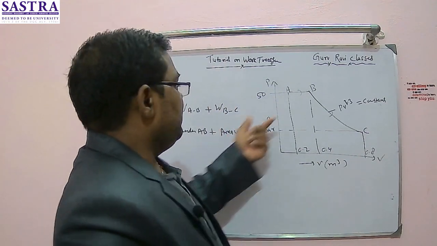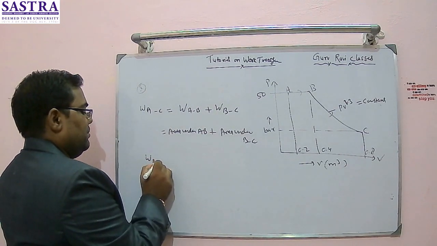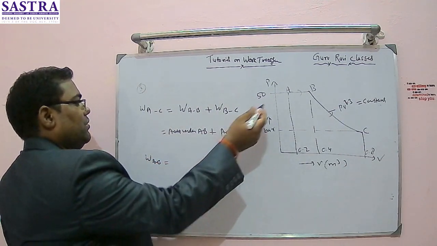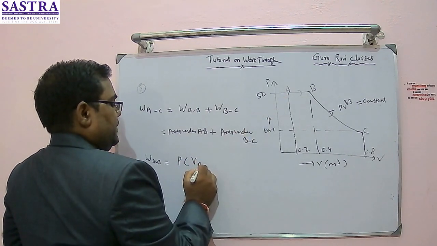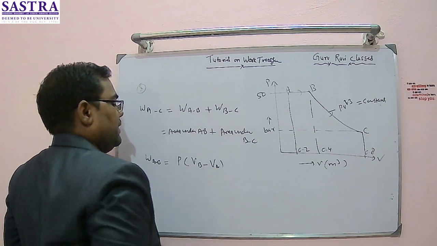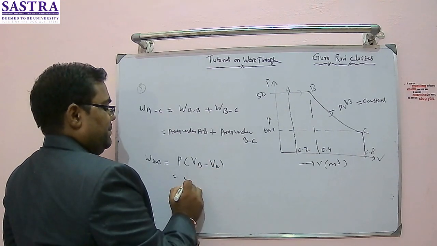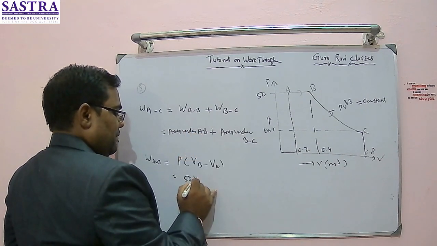So for the area under AB, W AB, we can simply find out that W AB is nothing but constant pressure times V B minus V A. Pressure is given as 50 bar, right? Keep in mind it's bar. So I will write in kilojoule.